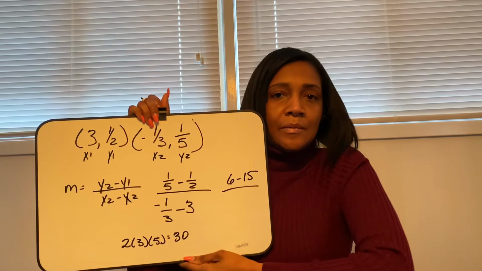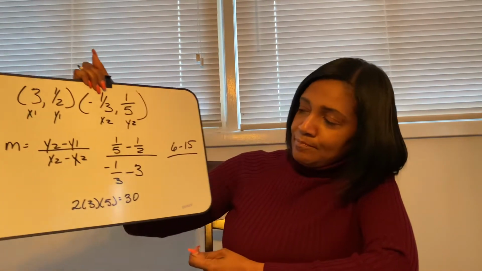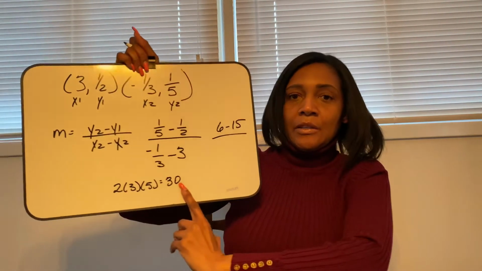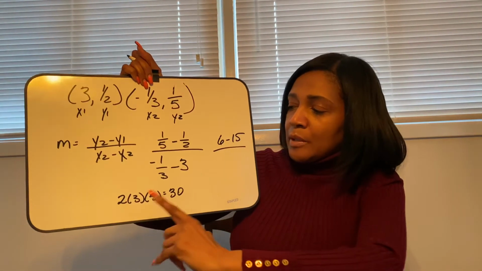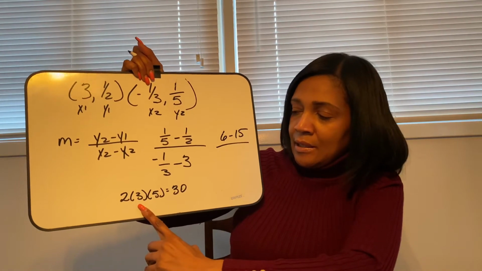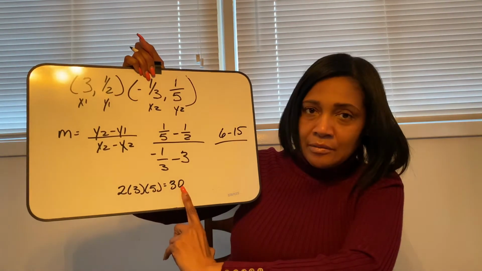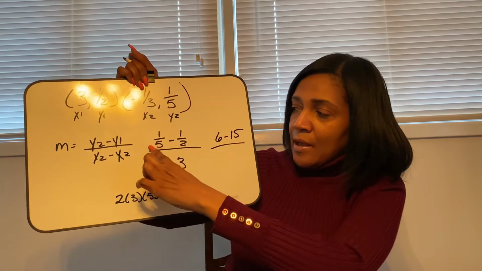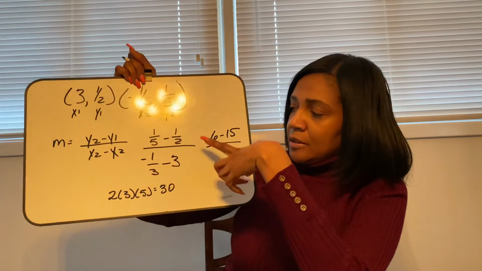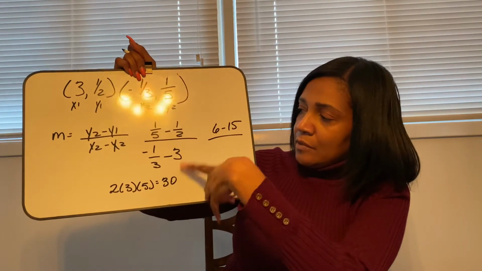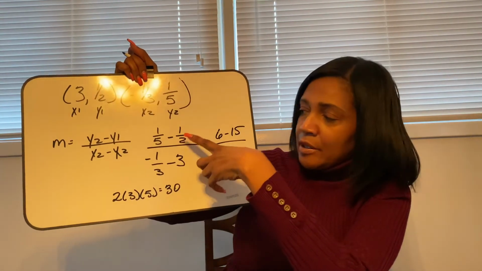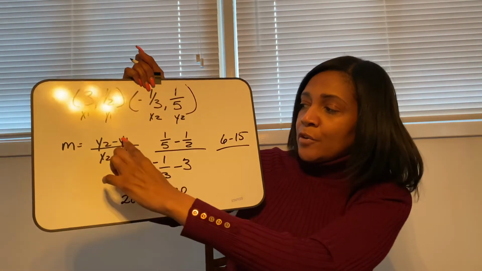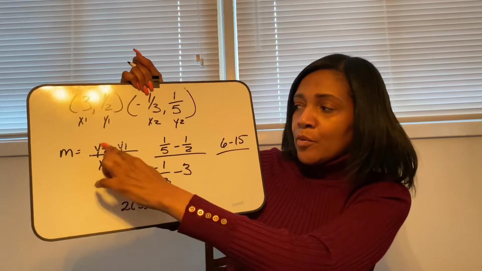Does that make sense? If not, I'll say it one more time. We multiplied 2 times 3 because that is 6, and then 6 times 5 gave us 30, okay? Then I took my 30 divided by 5, our first denominator, is 6, and then 30 divided by 2, our second denominator, is 15. So that is going to be plugged into the first part of our slope formula.